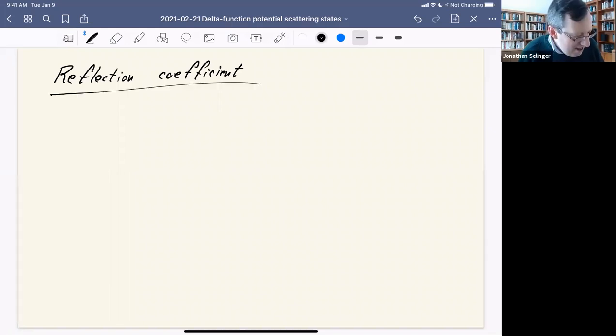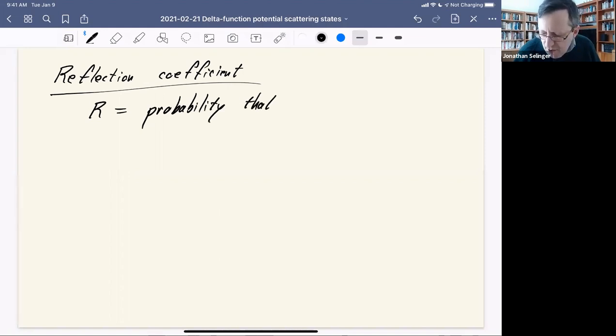And that is R, right? And so that is the probability that the wave is reflected. So it's a probability, it's the amplitude squared.